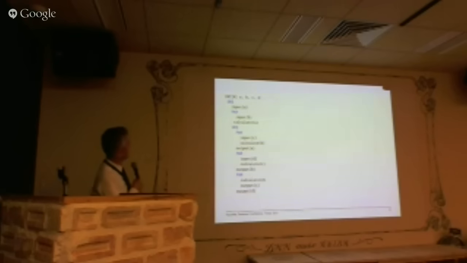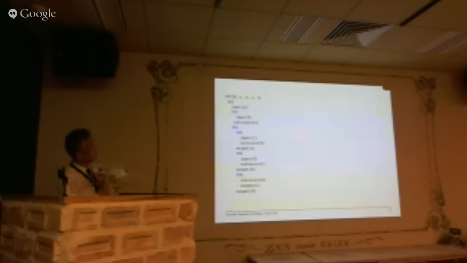The program code is something like this. I don't want to explain one by one, but the idea is while receiving the data, you can get another data, and when you receive the first data, you can pass it to another process, and you can repeat and pass it using a pipeline structure.